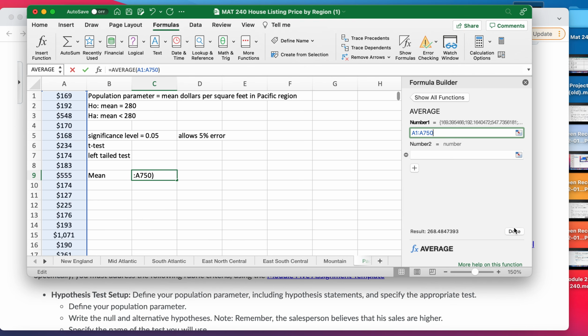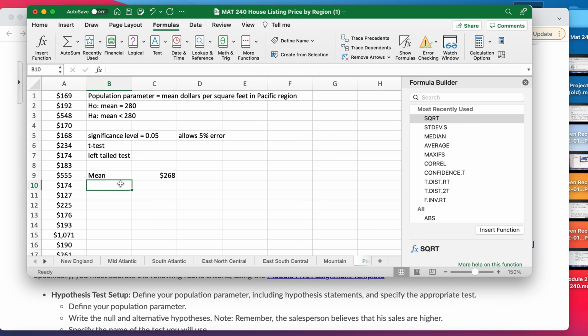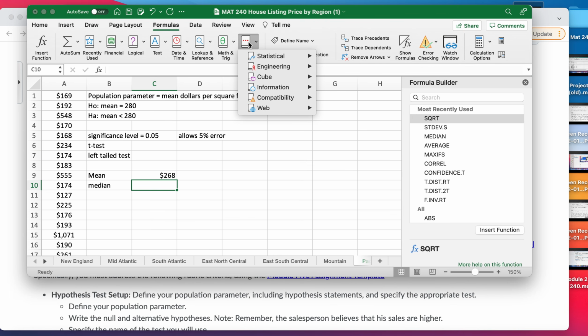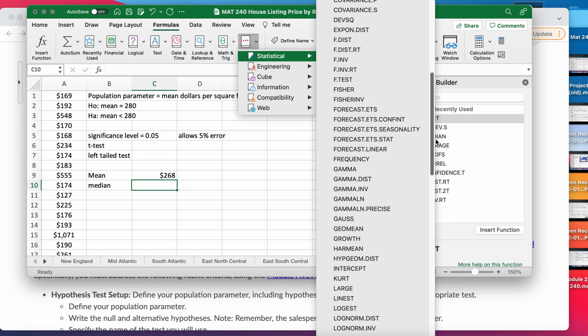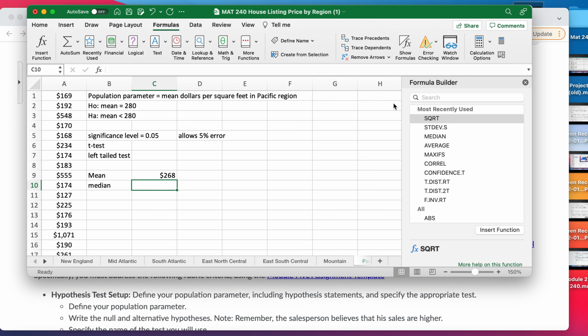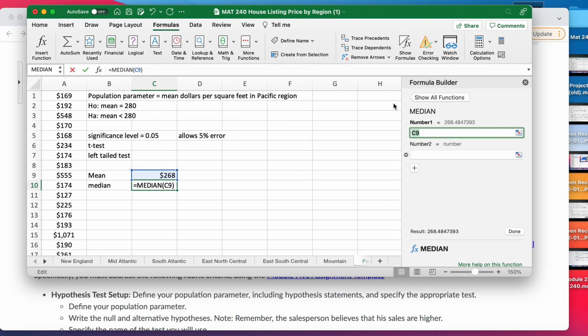Hit enter. I'm on my Mac, so I'm going to click done. What else? Median. I'm going to type median just so I know which is which. Formulas, more, statistical, median. Same thing, nobody wants to scroll through all that. A1 colon A750.